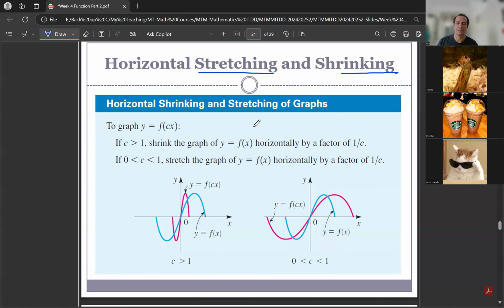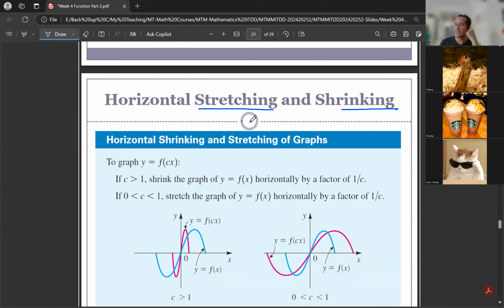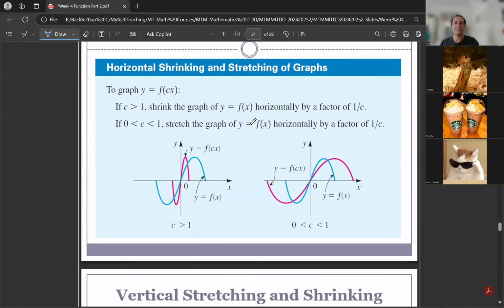In bahasa, stretching is ditarik atau direnggangkan. Shrinking means dimampatkan. And what does it mean by stretching and shrinking?